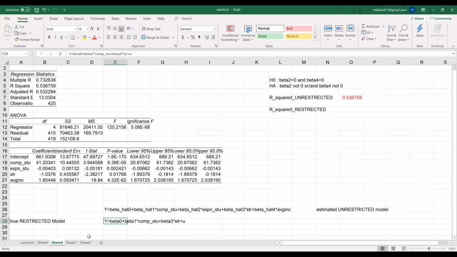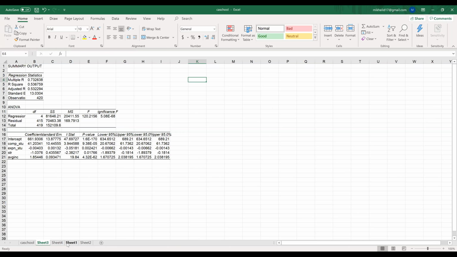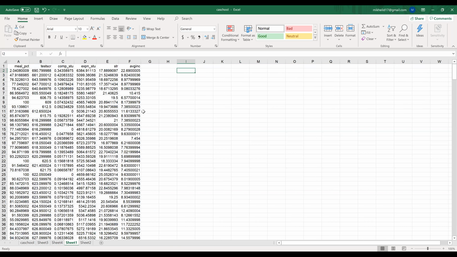The coefficients for this model are not here because we did not run our Y on CompSTU and STR, right? So we will do it right now.